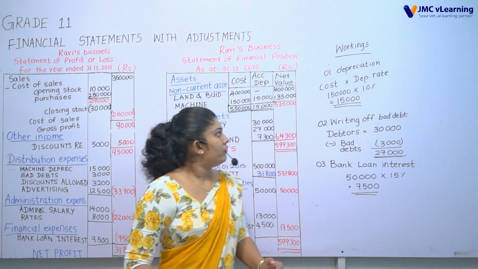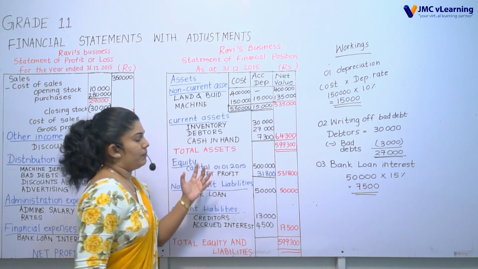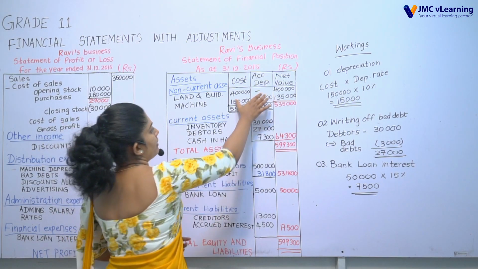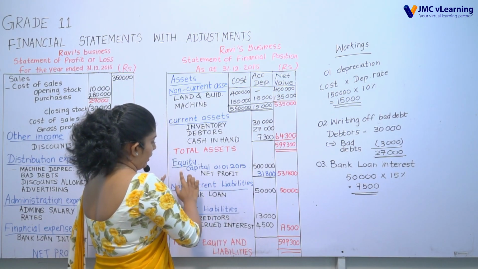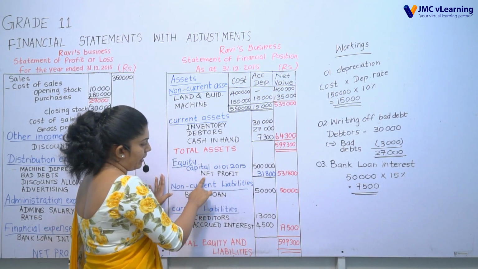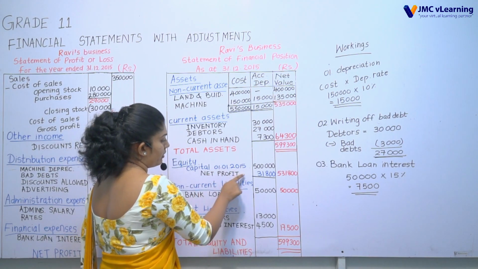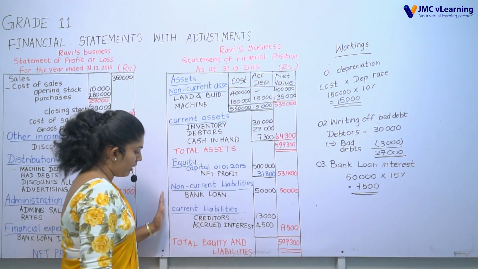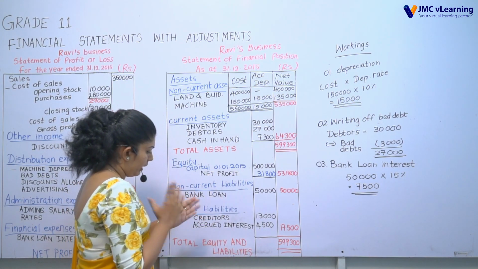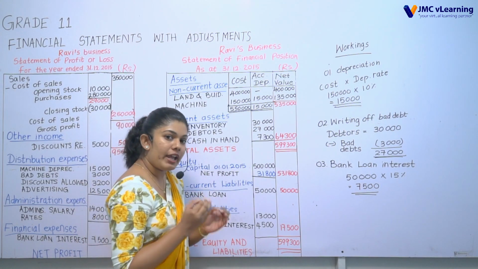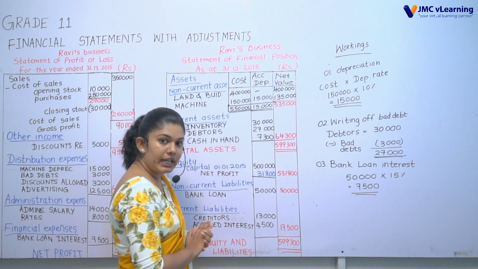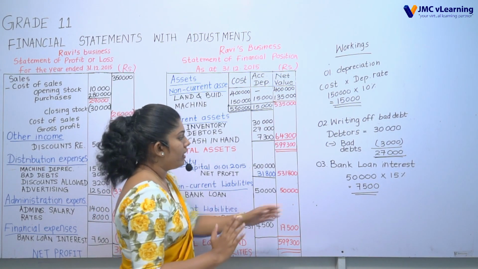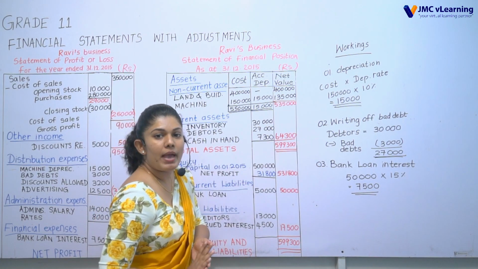And when it is coming to the financial position, you have to total these balances accurately, and definitely you have to transfer this net profit under capital. Then bank loans and the things you forget to record are some things like this accrued interest and this deduction of bad debt.